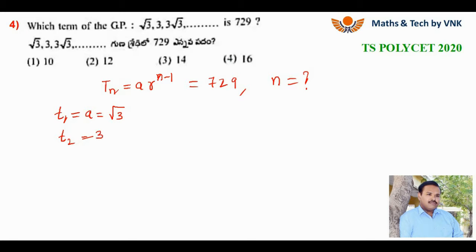To find the common ratio, r is equal to tk plus 1 by tk, which is equal to T2 by T1. So T2 is 3, T1 is root 3. The numerator 3 can be written as root 3 into root 3 divided by root 3. So root 3 gets cancelled. So the common ratio r is equal to root 3.